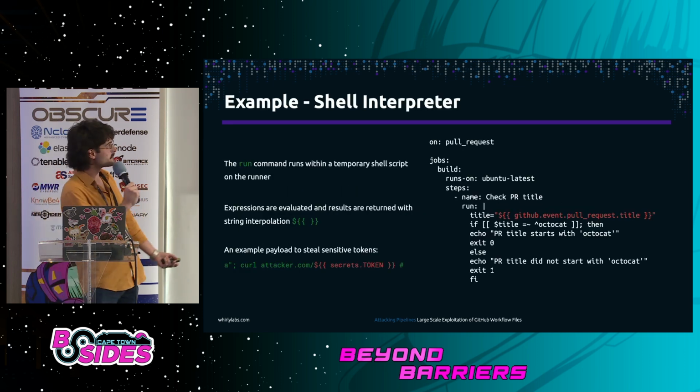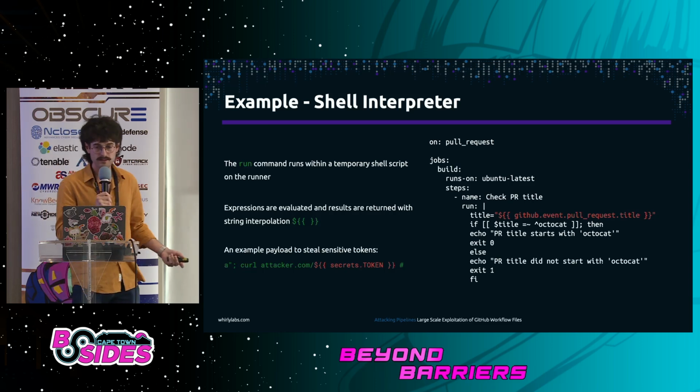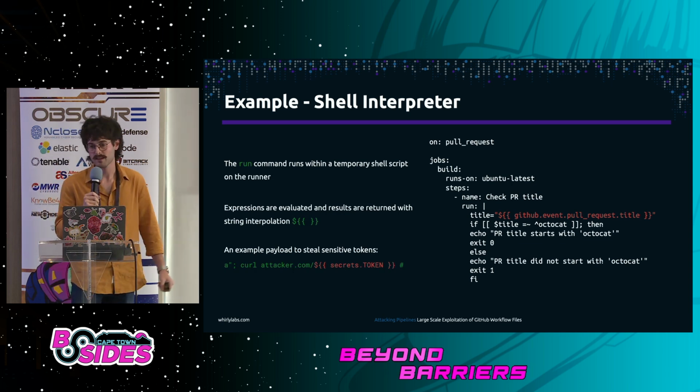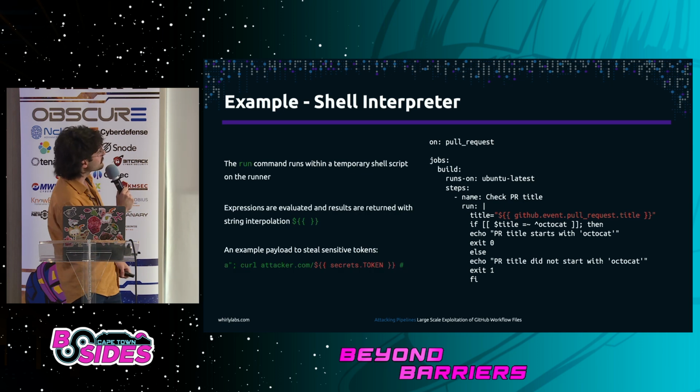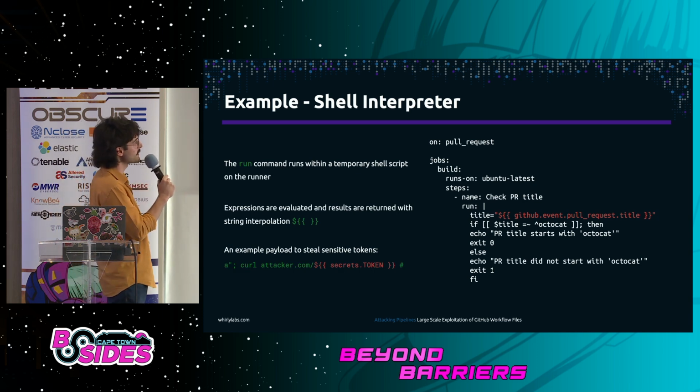So let's show an example of an expression injection. The run command is basically where your shell interpreter starts, so you can write a shell script there. In red on the right, you will see the event pull request title. That's the title of a pull request, and that dollar sign with the fancy brackets, that's interpolation.